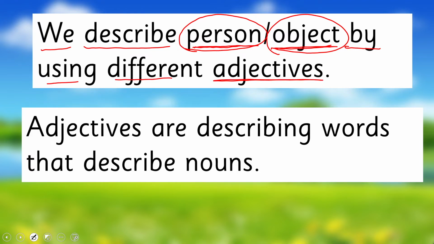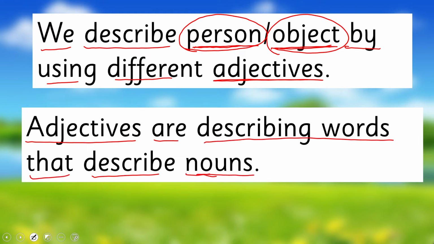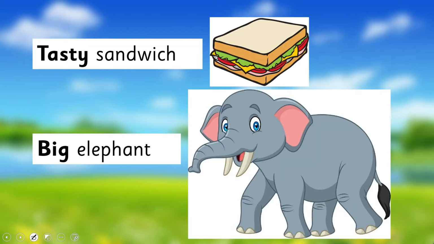And by the way, what are adjectives? Adjectives are describing words that describe nouns. Means to describe a naming word, a noun, the words which we use are called adjectives, right? We have learned it. So I'm going to explain it through some examples.